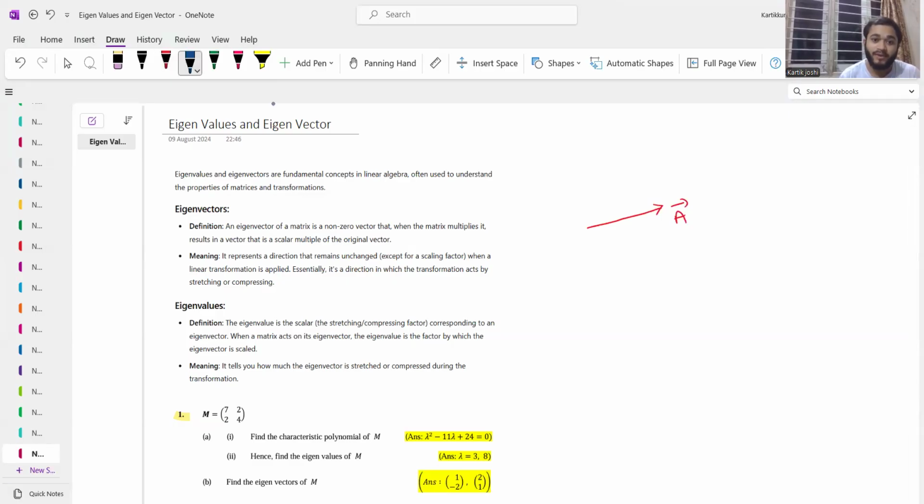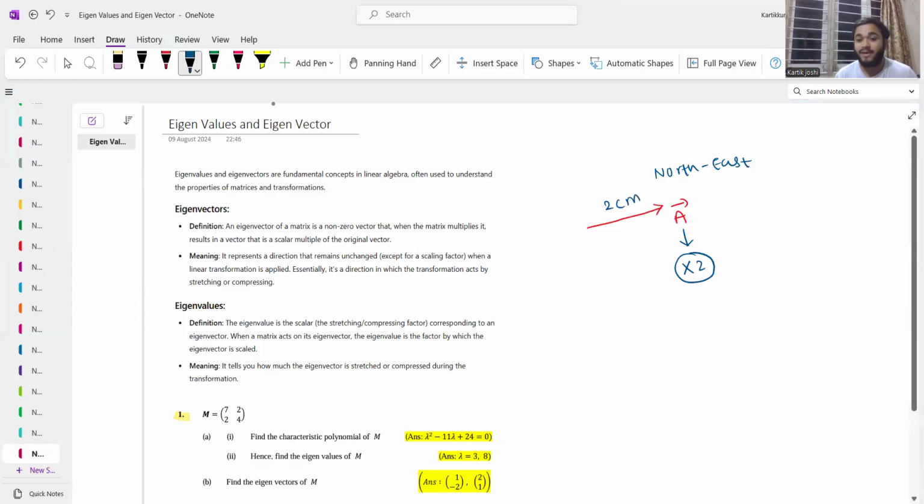If we stretch this vector A by 2 times, and let's suppose the vector A is in the direction of northeast and has a length of 2 centimeters, then stretching the A vector by 2 times makes it a different vector. This is the A dash vector, and its size is 4 centimeters.